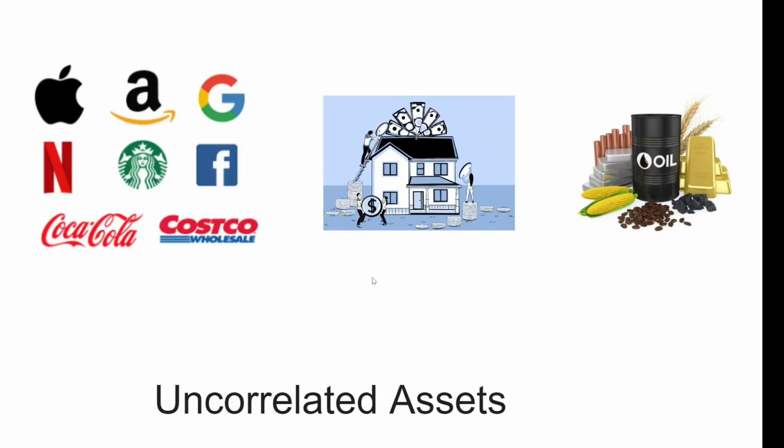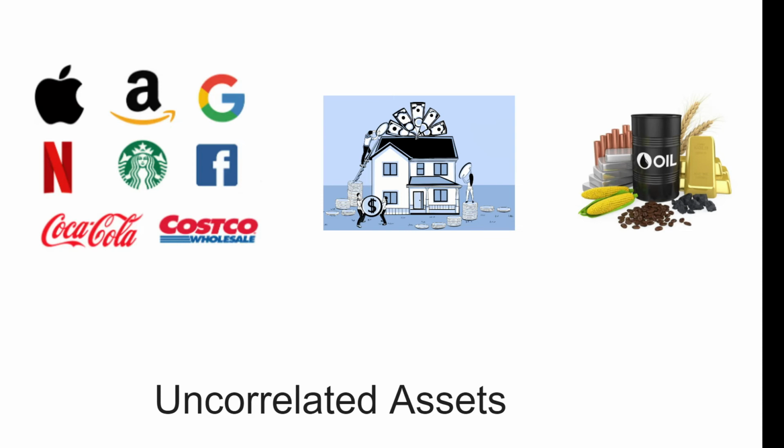So now we want to understand what uncorrelated assets are. We talked about what a portfolio is and what asset allocation means, and now we want to talk about uncorrelated assets. This may not be very intuitive. So think about two assets that you want to invest in, and both have either a low or a negative correlation.